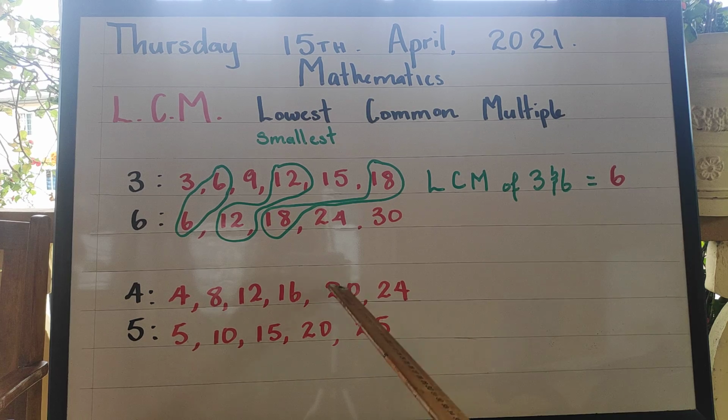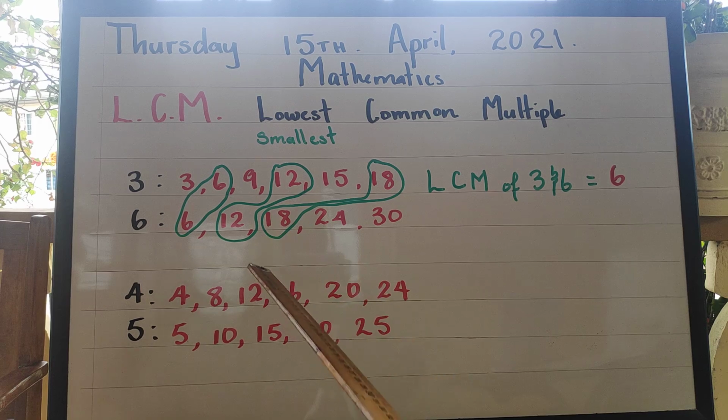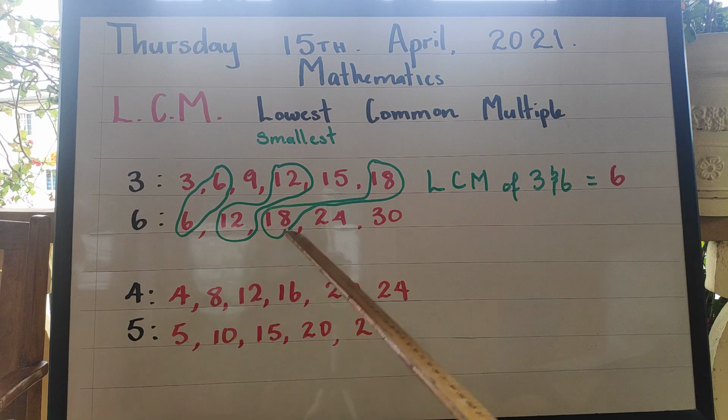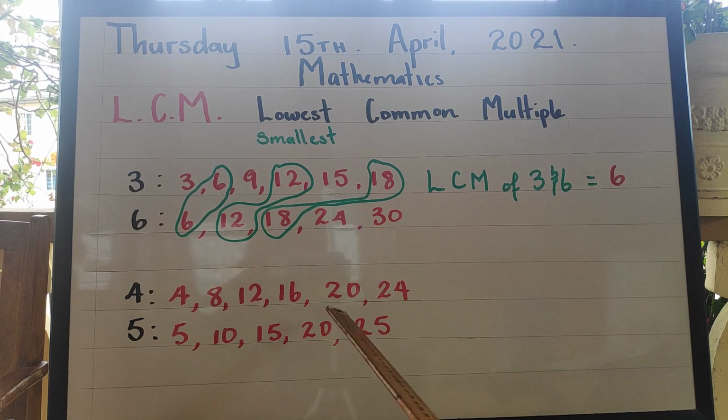We could stop there because we've seen a common one here. When you start writing down the multiples, as soon as you come to one that has a common multiple, you could stop. You don't have to write any more. When I reach 20, I could have stopped because I saw both of them have 20.